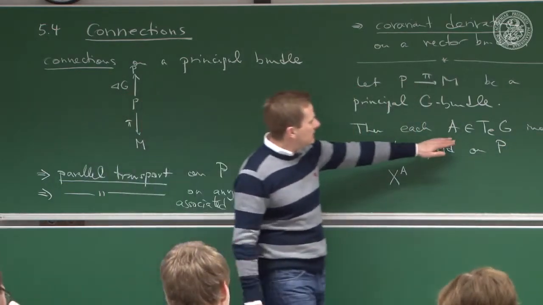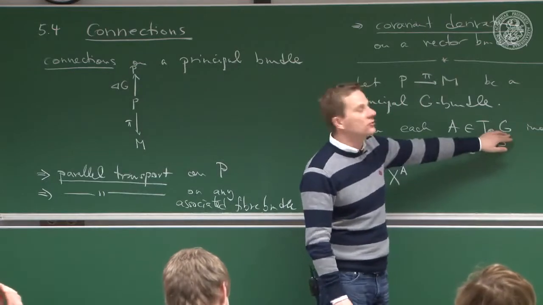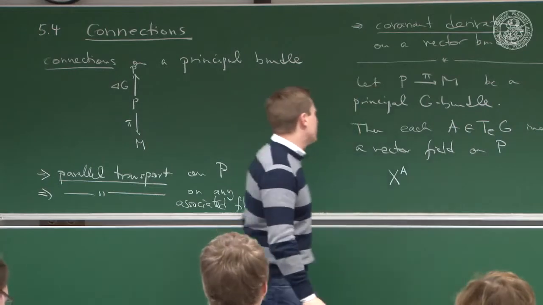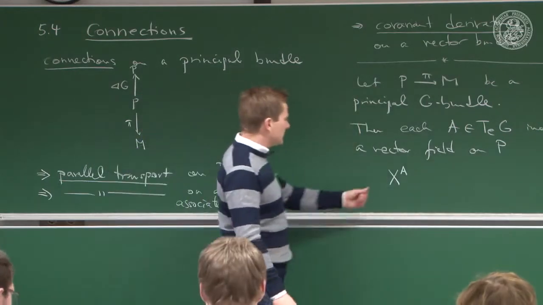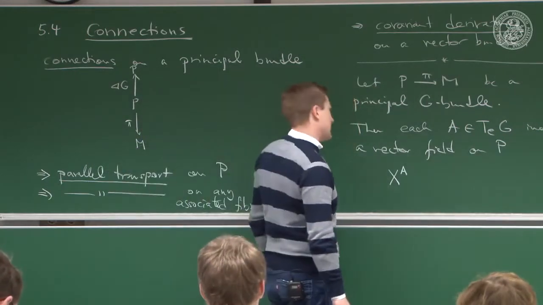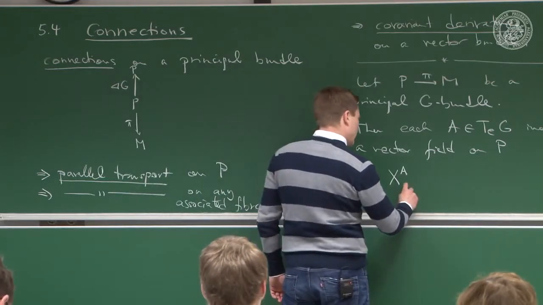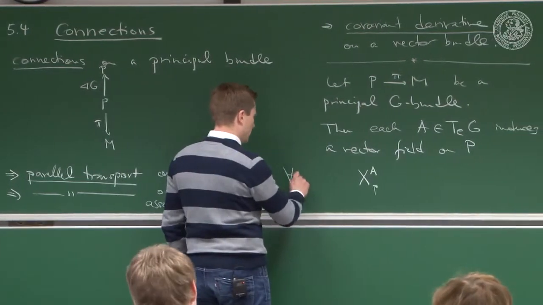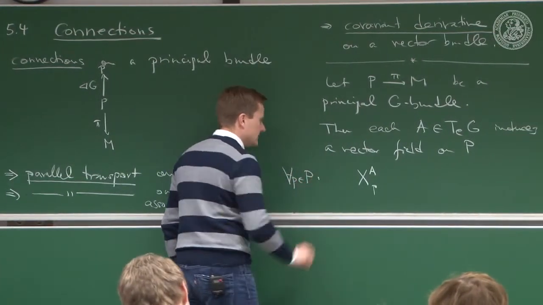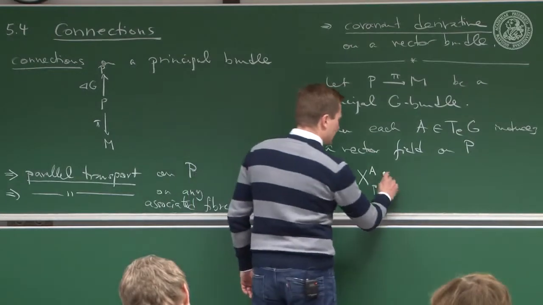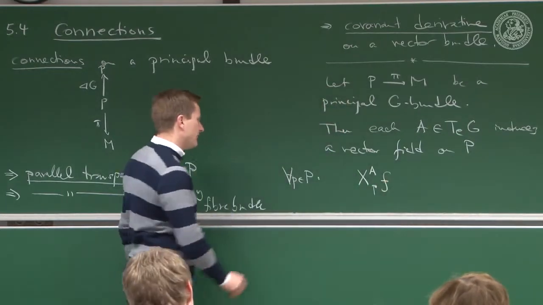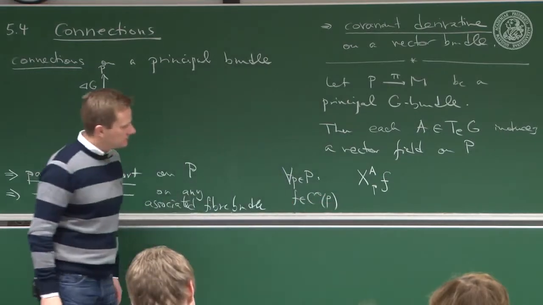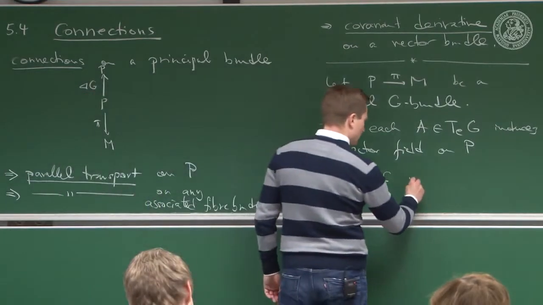We know that a Lie algebra element induces a vector field on the group by the exponential map. But now we want to induce a vector field on P. This vector field on P is supposed to be called X_A, and we define it at each point p in P by its action on a function f on P, as follows.